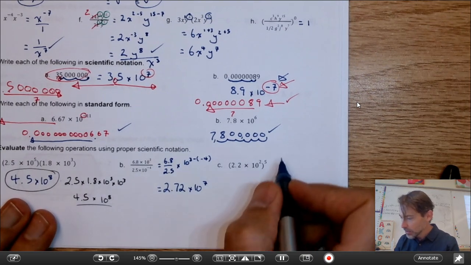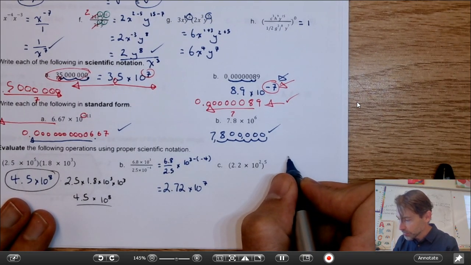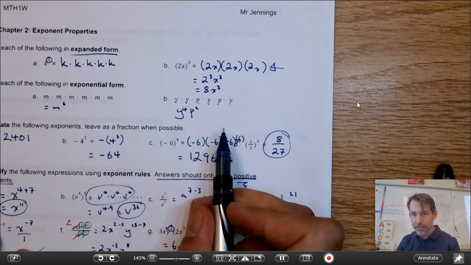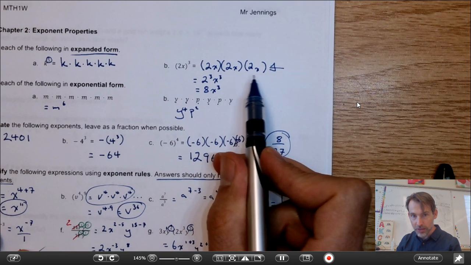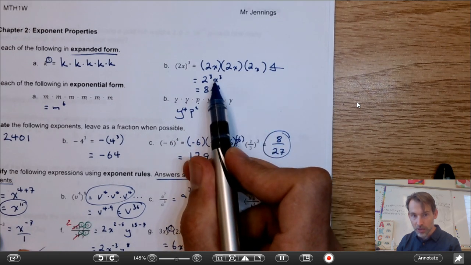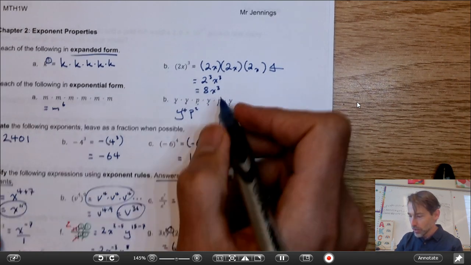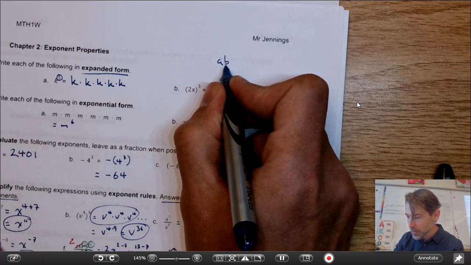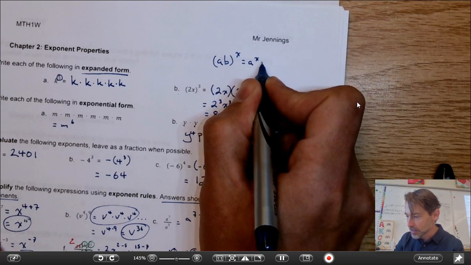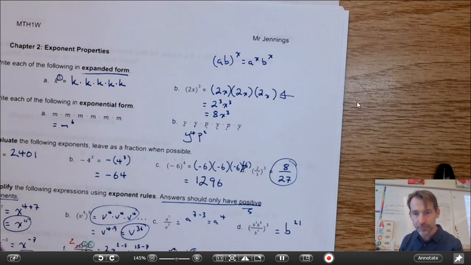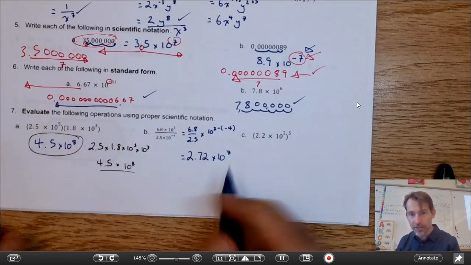Here, 2.2 times 10 to the 2, all to the 5. This is a variation of what we saw up here. 2x all to the 3 is those three things multiplying, so that's 2 to the 3, x to the 3. So a generalized form is ab raised to the x is equal to a to the x, b to the x. Let's see how that applies down here.